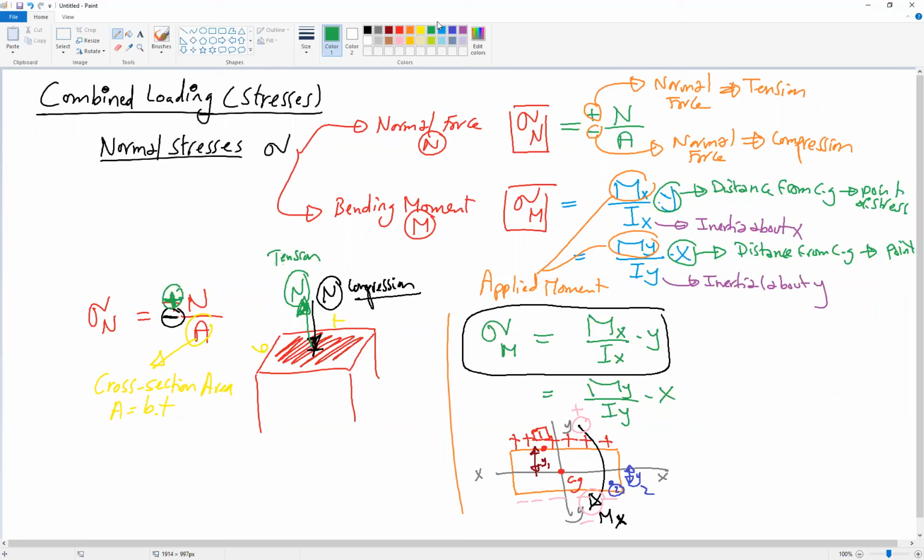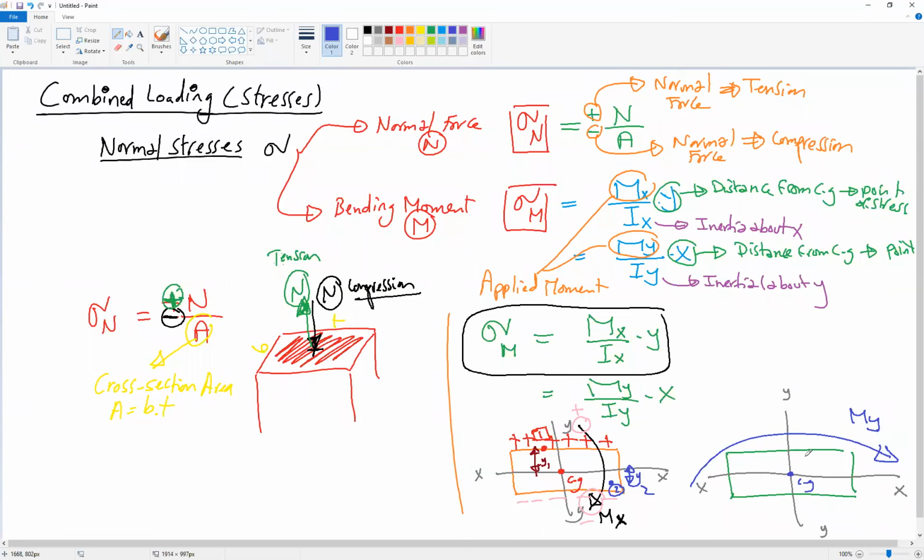If we have the same rectangular cross section, and this is the X axis, and this is the Y axis, and we have the applied moment in this direction, this means this is My, because it is rotating about the Y axis. And this is our CG.